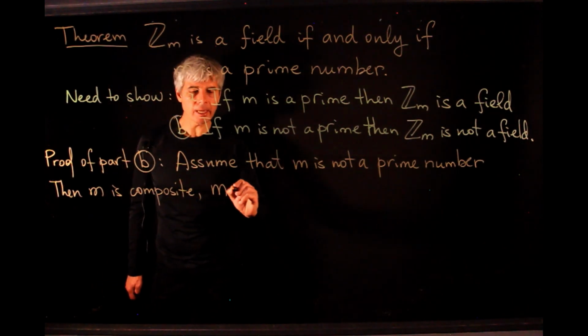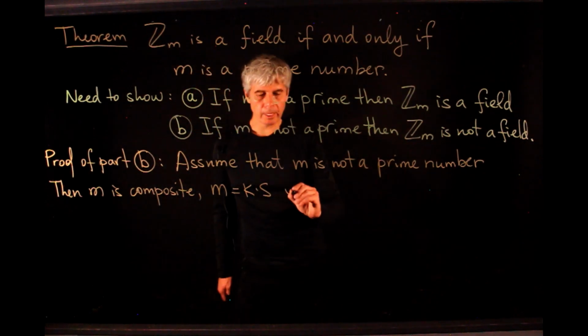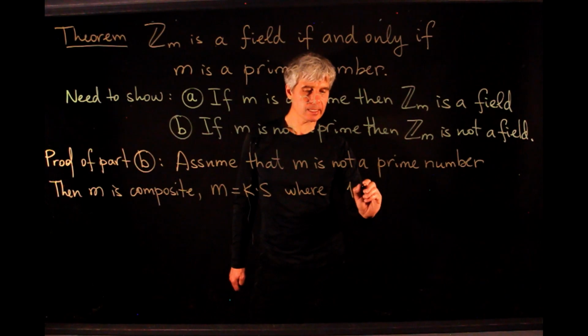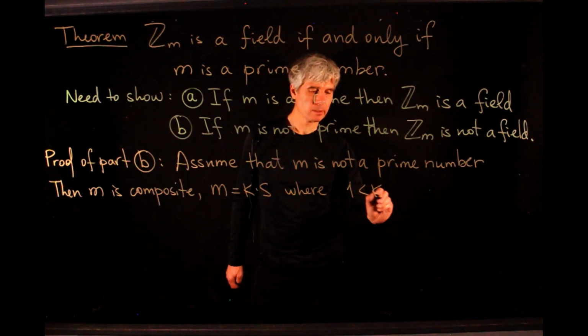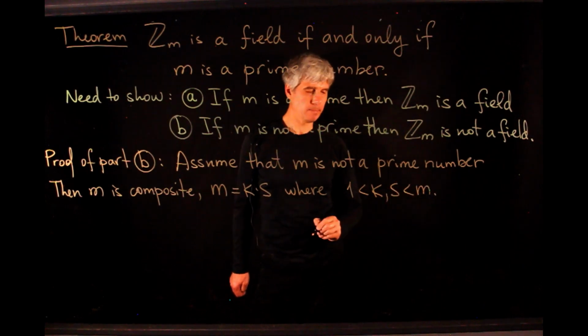So we can write m as k times s, where both k and s are strictly greater than 1 and less than m.